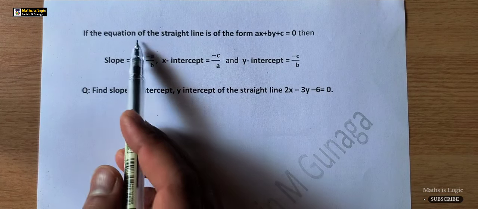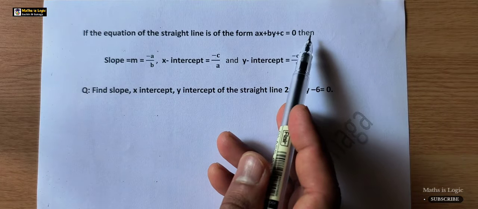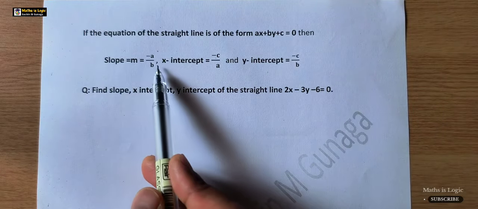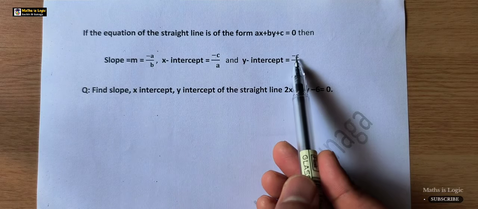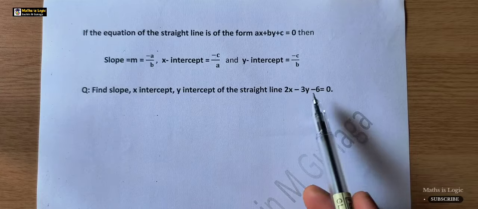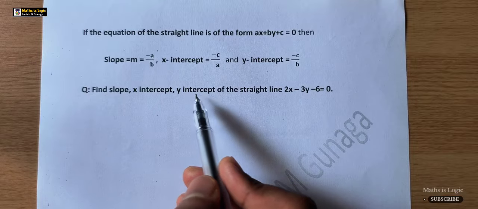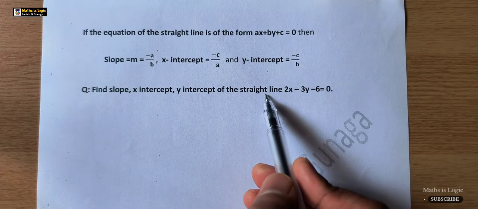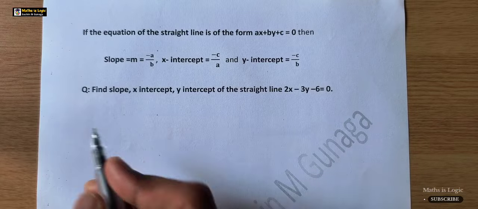Next type. If equation of straight line is of the form ax plus by plus c is equals to 0, so that time a slope formula minus a by b, x-intercept minus c by a, y-intercept minus c divided by b. Using this is how they will ask the question. Find slope, comma, x-intercept and y-intercept of the straight line 2x minus 3y minus 6 is equals to 0.